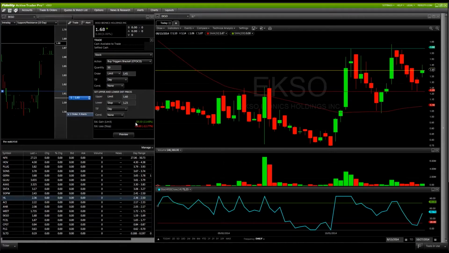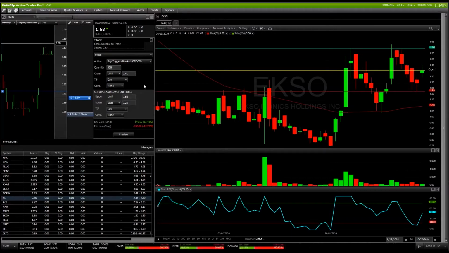So you could see how that number will change based on the cost of the stock you're trading and your trade plan. Let's change this to something a little bit more realistic, like 500 shares. Now we have 500 shares and we can make $95, still at our same 13.5%. We're profiting $79 once you subtract your commission.